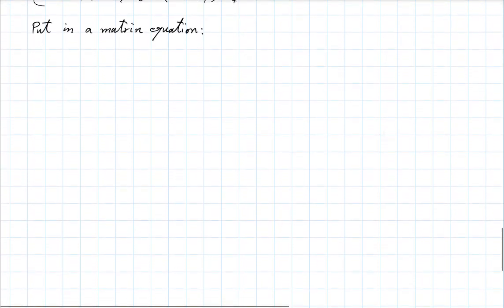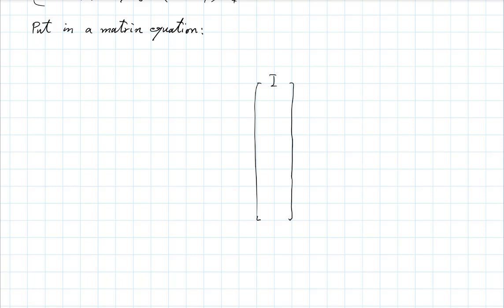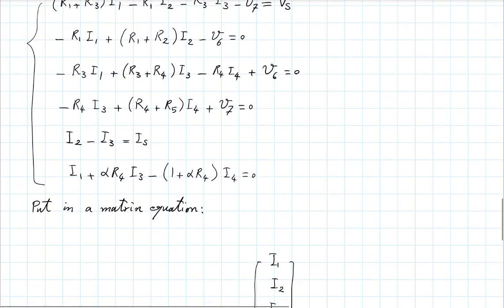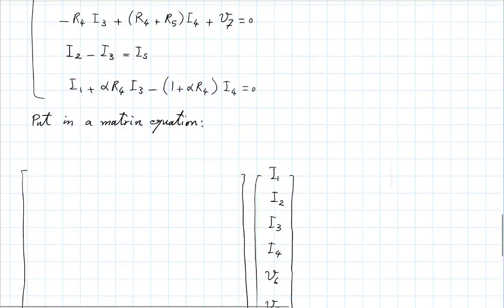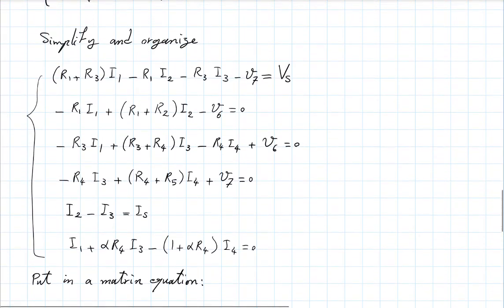So this is my vector of unknowns: I1, I2, I3, I4, and I think V6 and V7 is what we had. These are my unknowns. And my matrix then is going to be a 6 by 6 matrix. The elements for the first row will be R1 plus R3 as the first element, then minus R1.